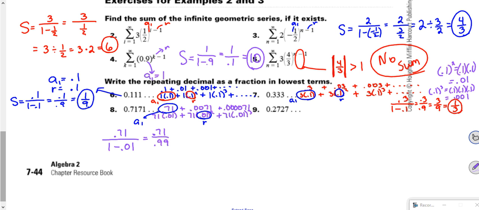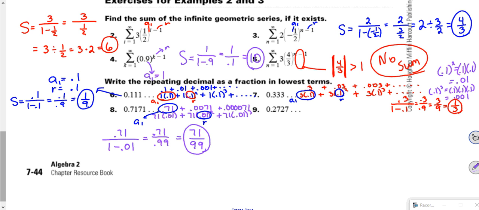Again, multiply top and bottom by 100, you get 71 over 99. Now, that fraction does not simplify. That's all you can do to it. 71 is prime. Okay, now, number 9.